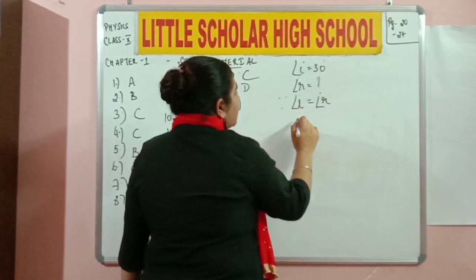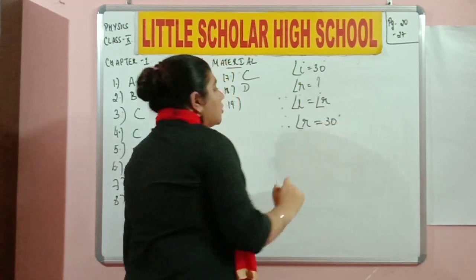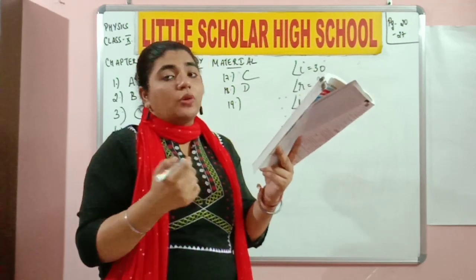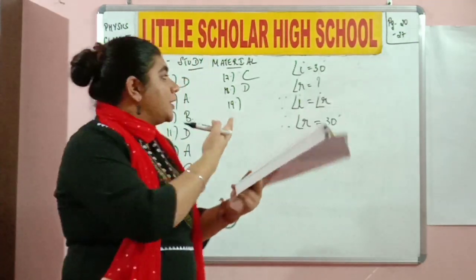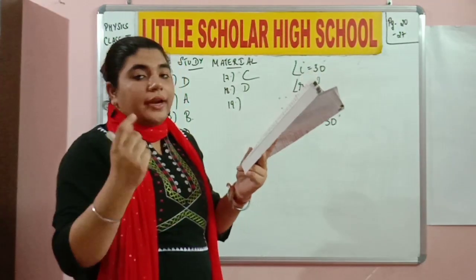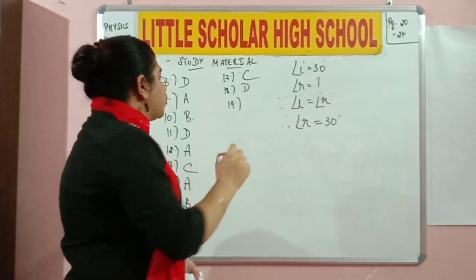So angle of reflection therefore is equal to 30 degrees. You can note this down if somebody was unaware of how we got 30 as an answer. Please note this explanation down in your textbook, or else write it on a paper and stick it as a sticky note. Okay, 19th one is option A.